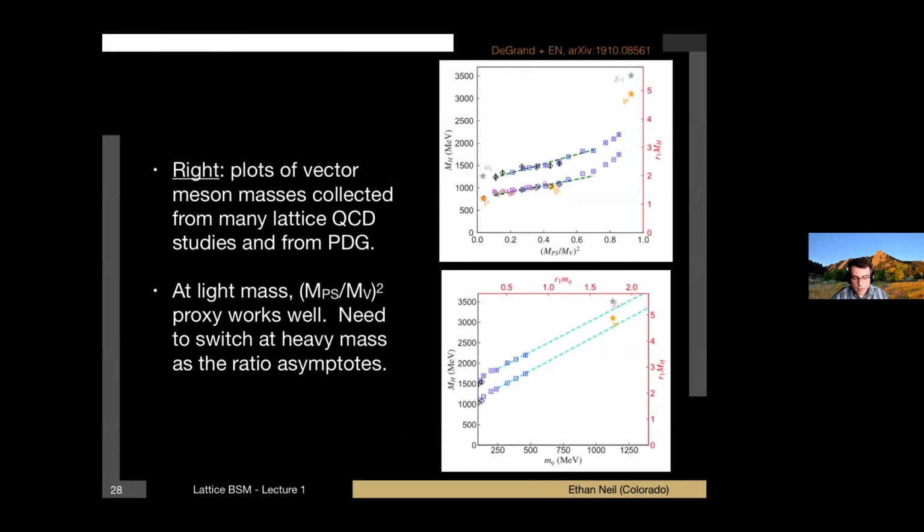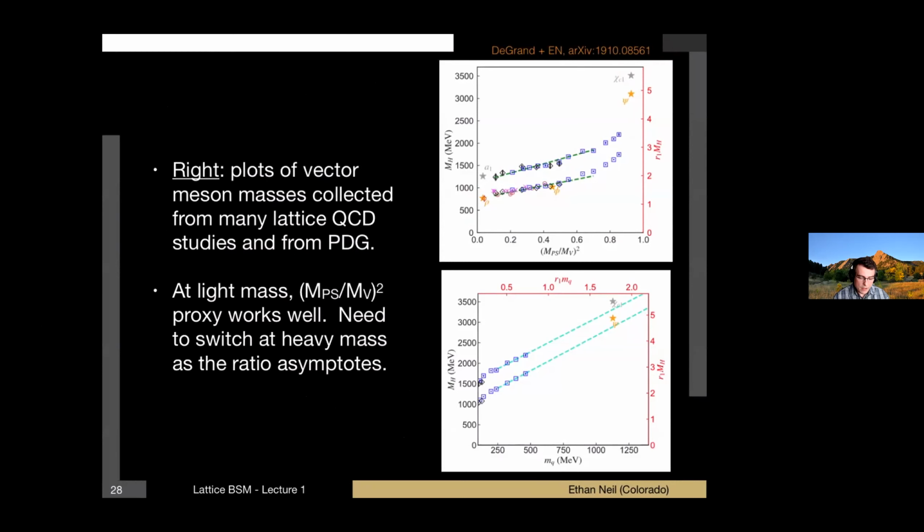So I'll show you some plots here. All the stuff I'm talking about here is collected in this paper that I wrote with Tom DeGrand. These are results collected from many lattice QCD simulations across a wide range of fermion masses, but this is all QCD. The stars are just points taken from the PDG.